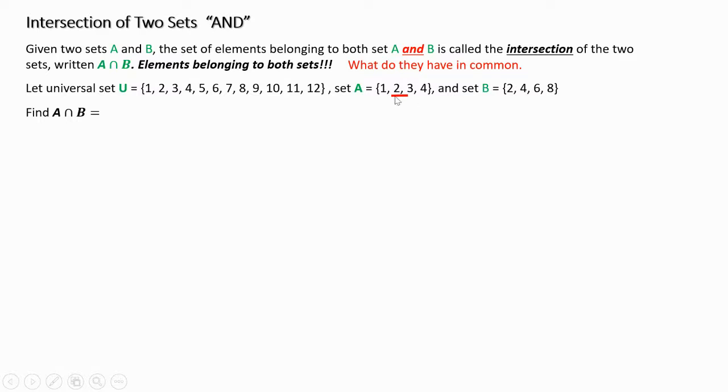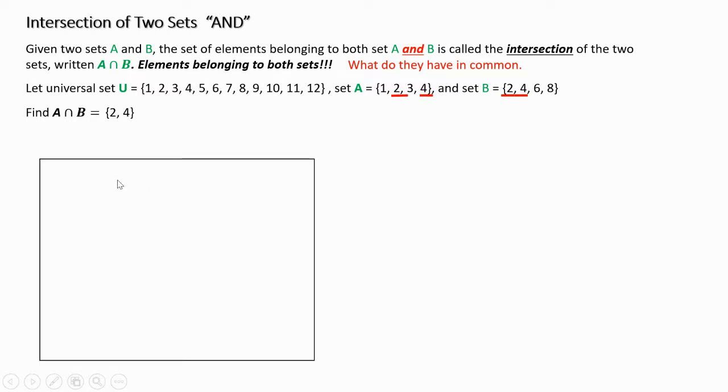They have in common 2 and 4. So the set A intersect B is equal to the set containing the elements 2 and 4. Now, how do we put that into a Venn diagram?